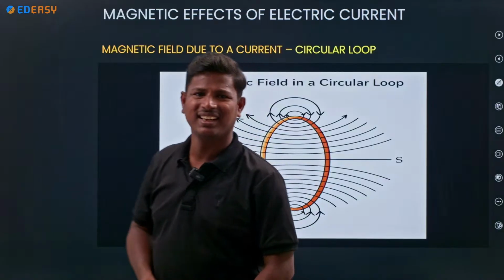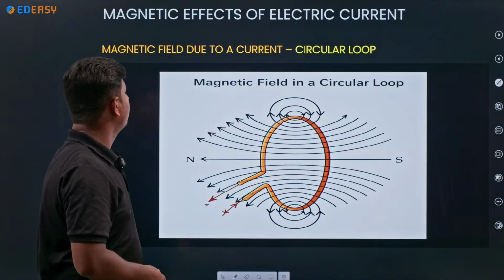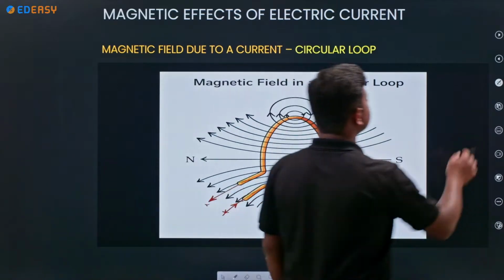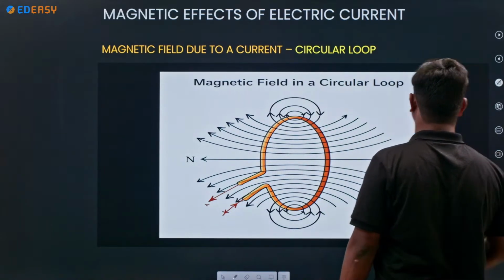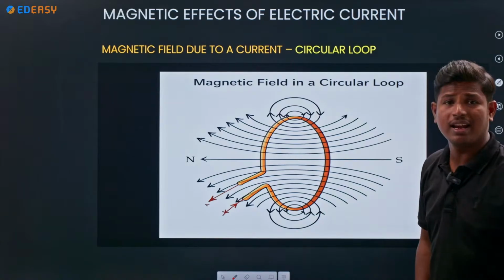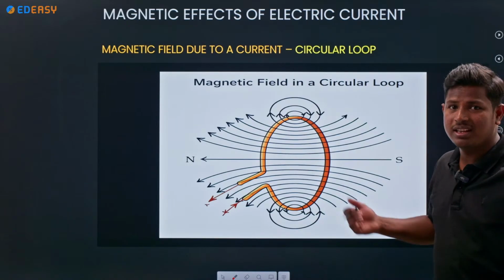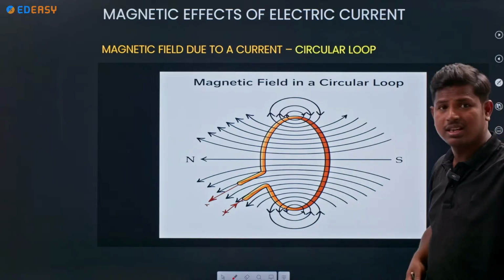Next, look here. Magnetic field due to a current carrying circular loop. Look at the diagram. How will the loop be? Circular only.